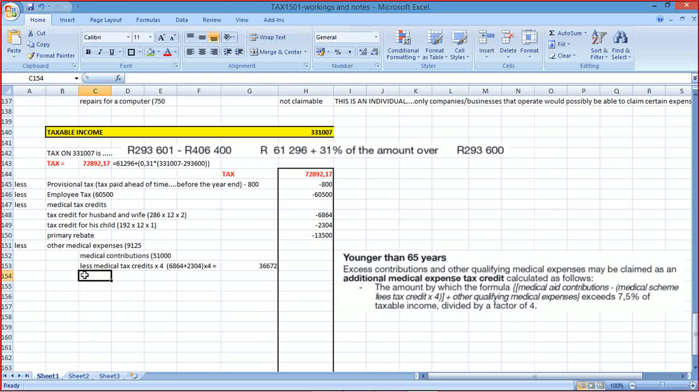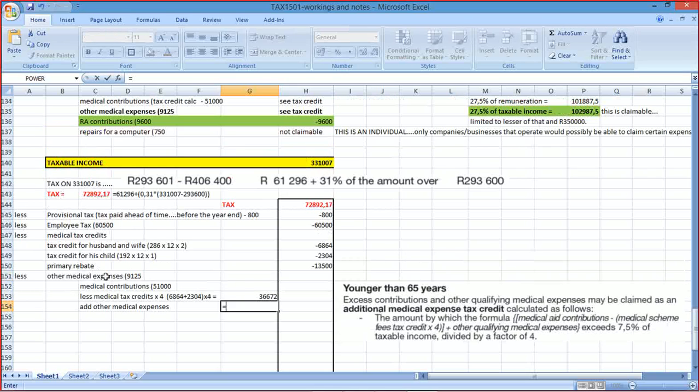Then we need to add other medical expenses. The other medical expenses were, we saw it earlier, 9,125. You got that? So what does that give me?